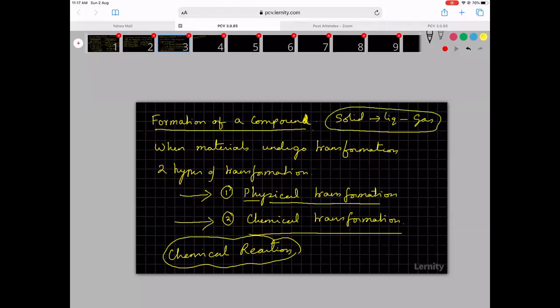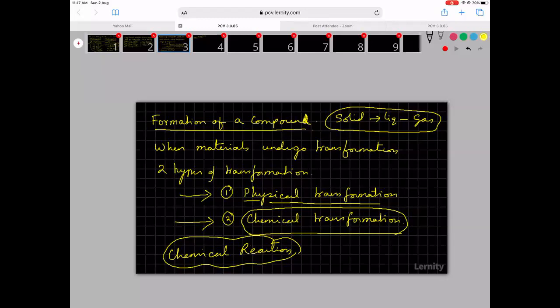Then there is an example of a chemical transformation. A chemical transformation, we can also refer to as a chemical reaction. So now I'm going to talk more about chemical transformations. Chemical transformations mean certain materials transform into another type of material, and that is accompanied by a chemical reaction.